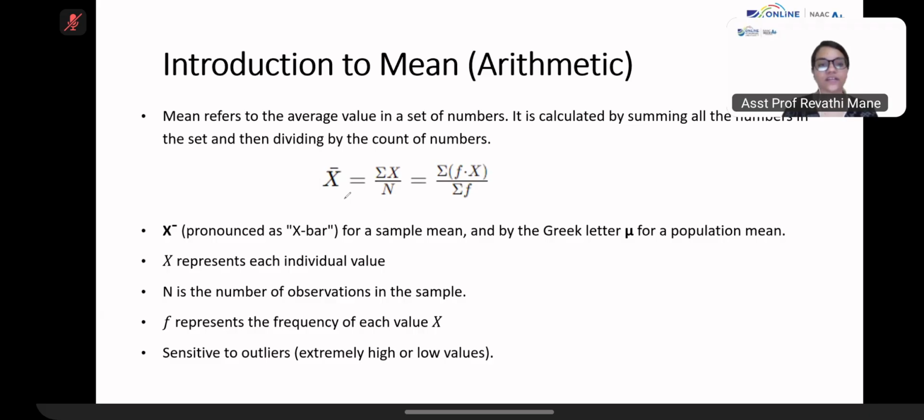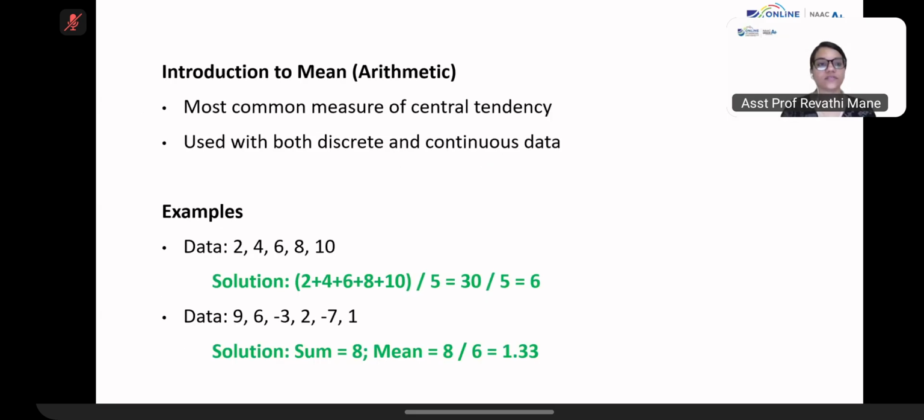So x bar is the mean, and x represents each individual value, and n is the number of observations in the sample, and f represents the frequency of each value x, and this is how we use. So let us look at some examples.